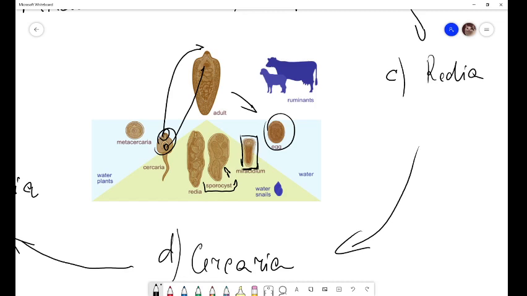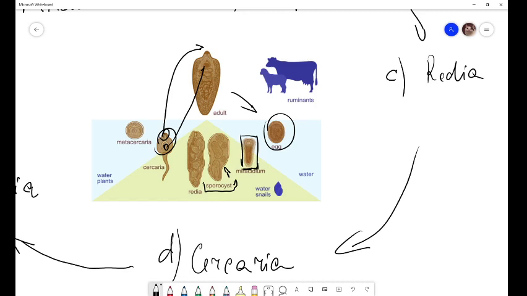This life form is one of the forms that helps us take a disease, fasciolosis, when we swim in a river and take water from this river.